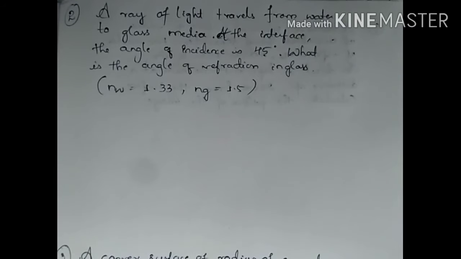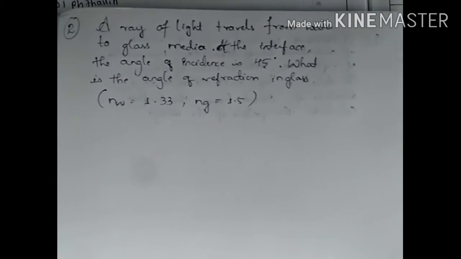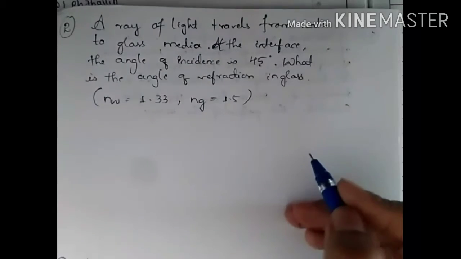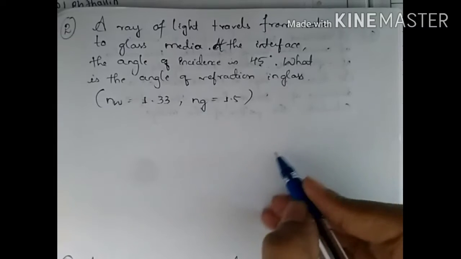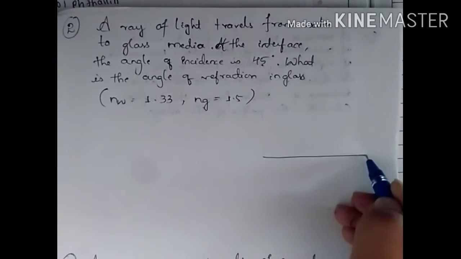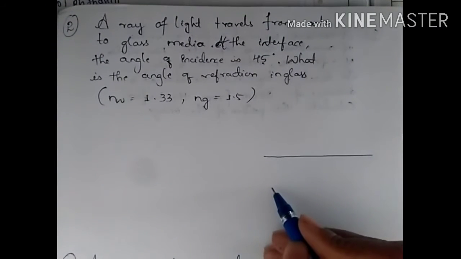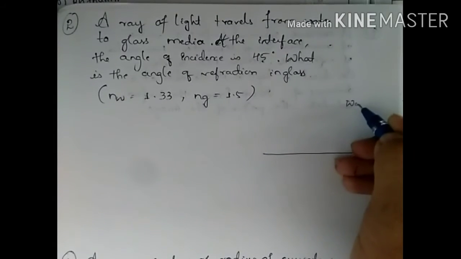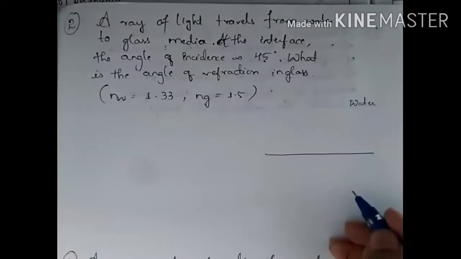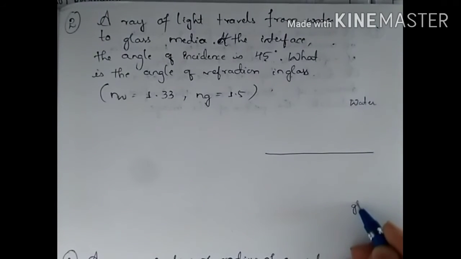This equation is again similar to the last problem that we have solved. Again let us try to understand the ray diagram. Here the ray of light is traveling from water medium to, let's suppose this is water medium and this is glass medium.